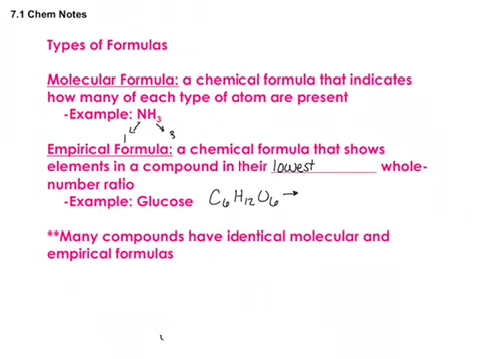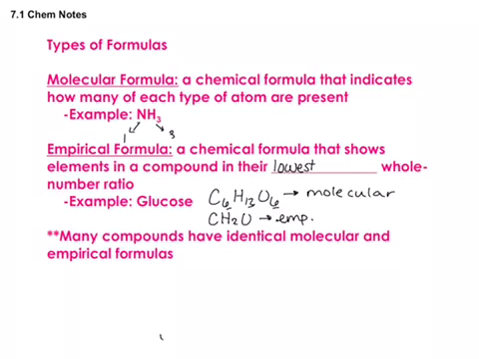This would be the molecular formula, because it tells us how many of each atom are present. Glucose's empirical formula would drop this down to carbon, hydrogen 2, oxygen, because this one shows it in its lowest whole number ratio, because each of these is divisible by 6.